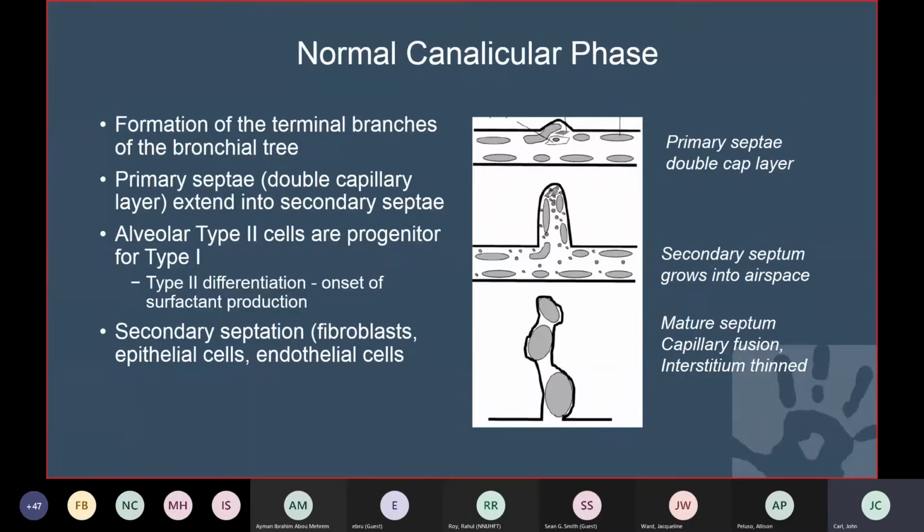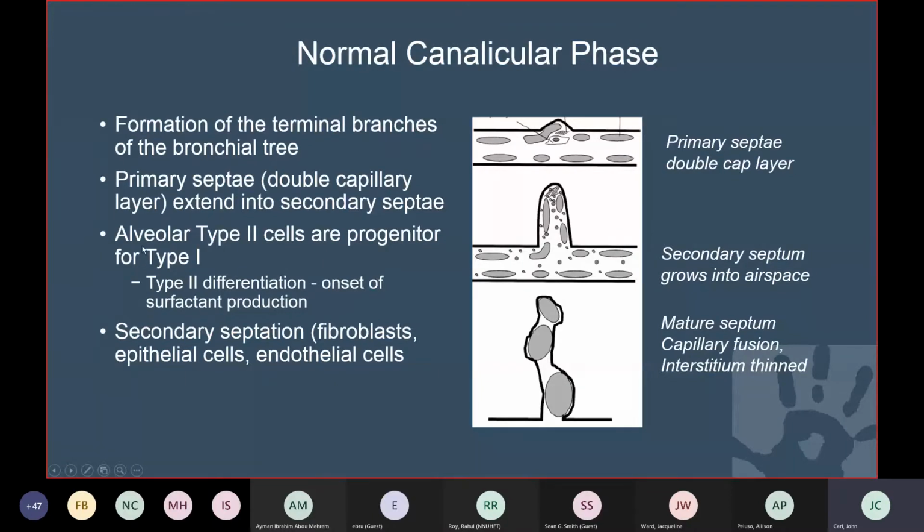So what we're talking about primarily is the late canalicular and early saccular phases of development. So the normal canalicular phase is the formation of terminal branches of the bronchial tree. And you start out with a double capillary layer and primary septae, and then what you do is extends into secondary septum, growing into the airspace, resulting in invagination here and greater surface area.